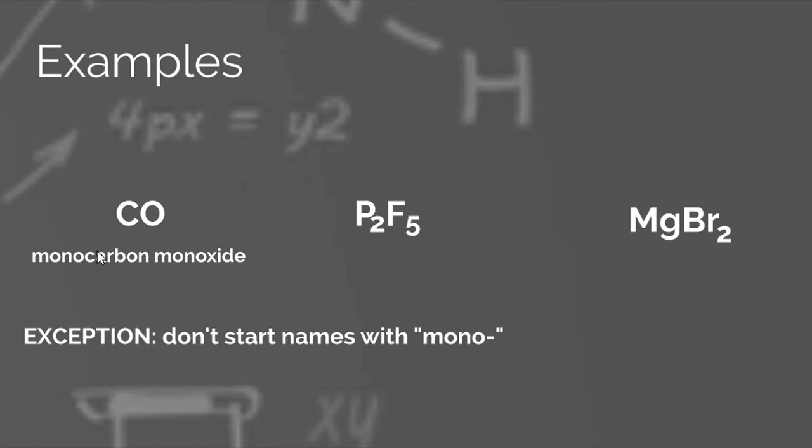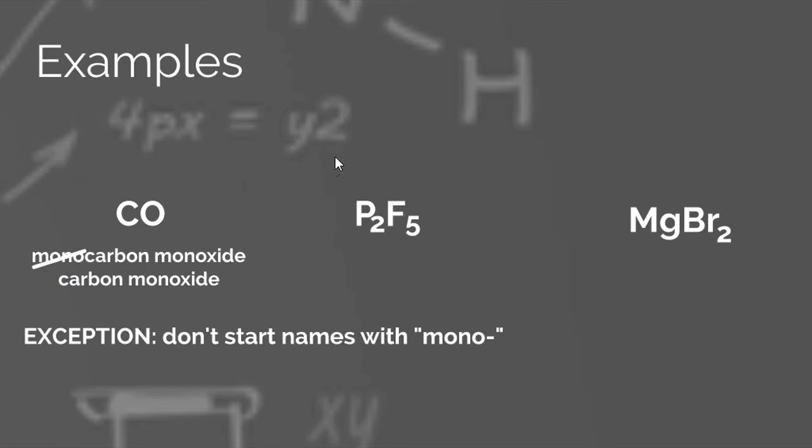Never start a chemical name with mono. So in this case, we'll be getting rid of just the first mono. We're still keeping the second mono because that's part of the second word. It's not the beginning anymore. And so the proper name for this CO compound is actually carbon monoxide. And again, it's very important to remember that we're only dropping the first mono, but not the second in this case.